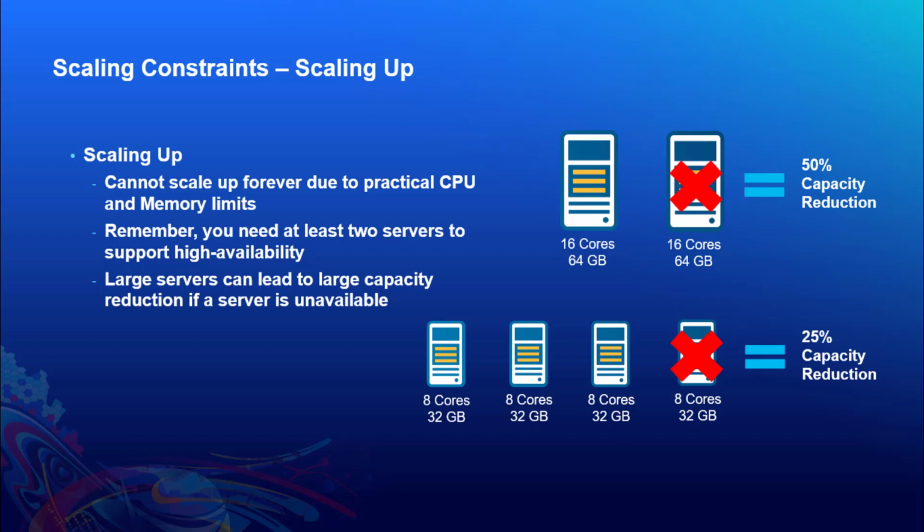Large servers can lead to large capacity reduction if a server is unavailable. So if you only have 2 servers and you lose one of those servers for a while, you've lost 50% of your capacity. It depends on how long that downtime can be, right?